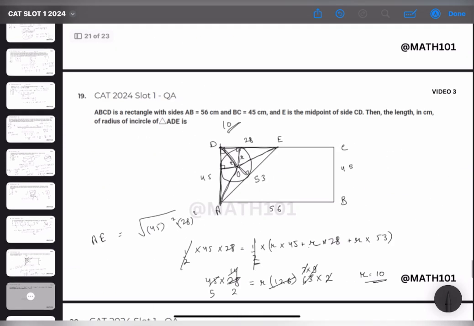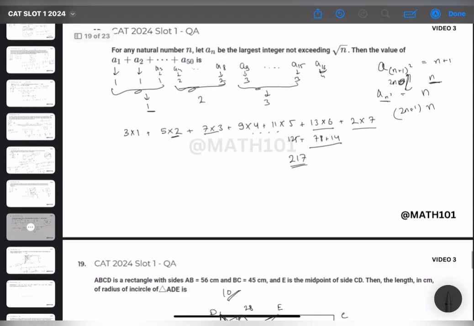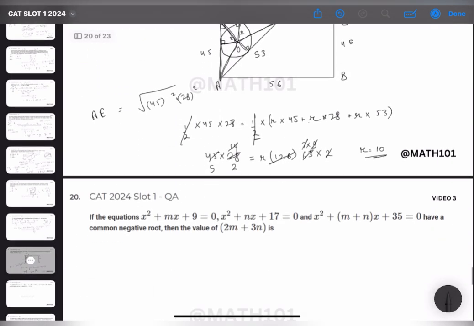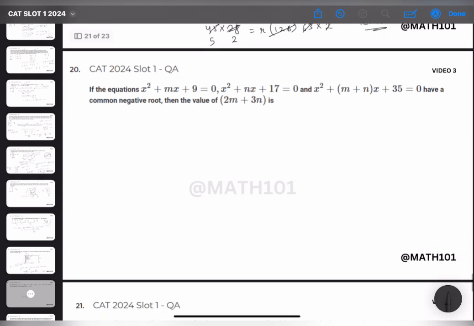Moving on. We have done the previous question. Equations this and this have a common negative root. Let the roots be a, b; a, c; a, d.